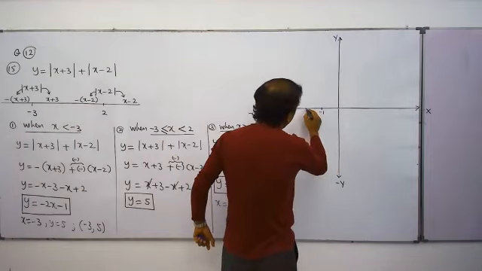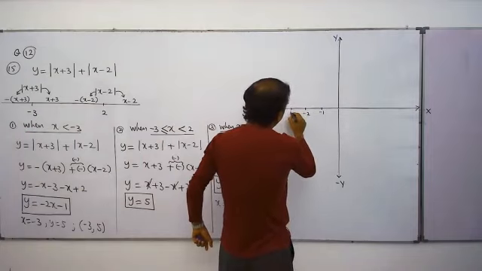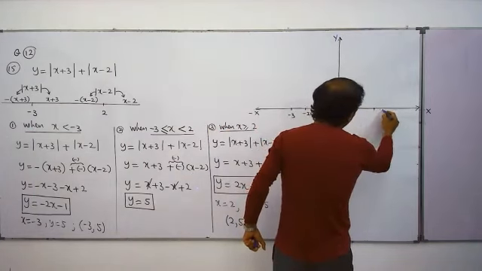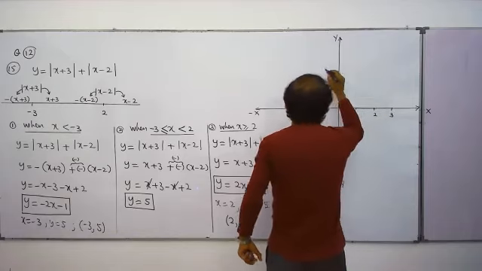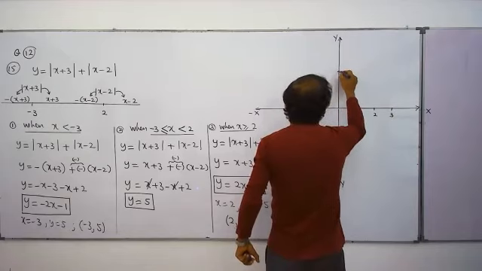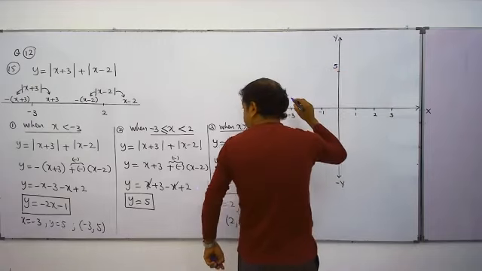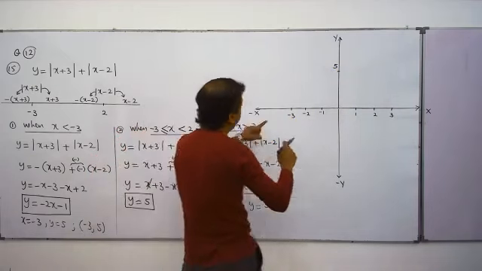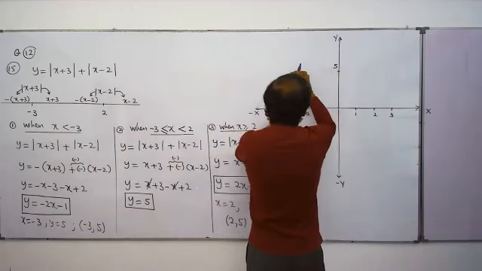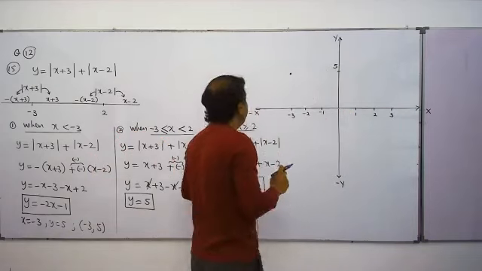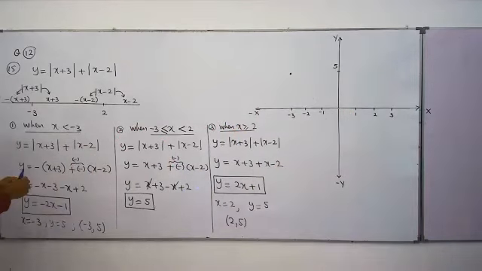Minus 1, minus 2, it's minus 3. To the right, 1, 2, 3. And we need y value to be 5, so I take 5 on the y-axis here. When x equals minus 3, y is 5. So therefore, this is that point. Minus 3, 5 point is this. Now this line we have to draw on the left of minus 3.